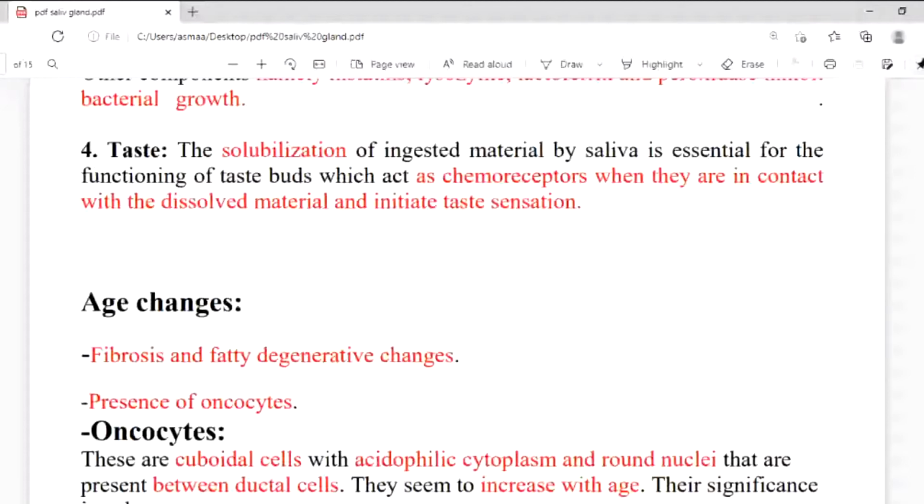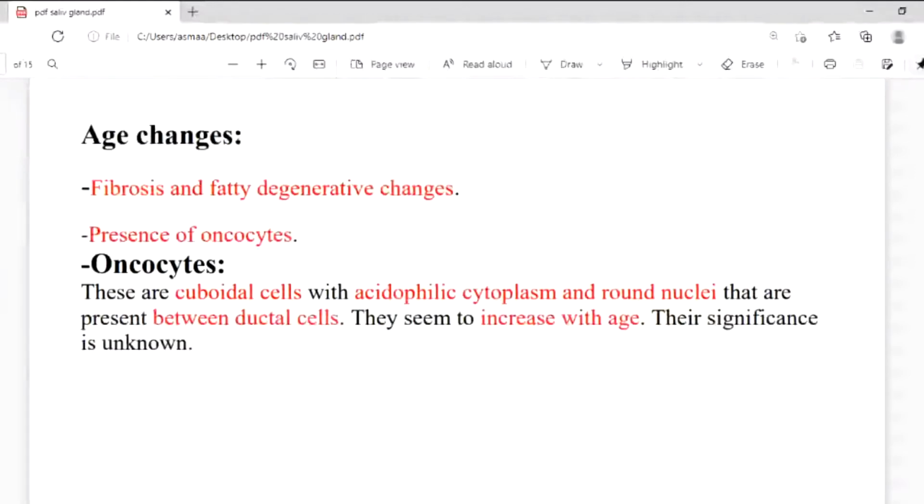In the salivary gland, we get fibrosis and fatty degenerative changes, and also a presence of what we call oncocytes. In aged people we can observe oncocytes. What are oncocytes? They are cuboidal cells with acidophilic cytoplasm and round nuclei that are present between the ductal cells.